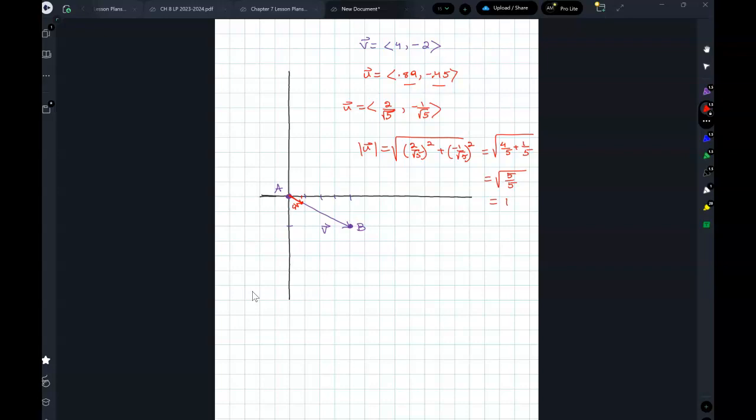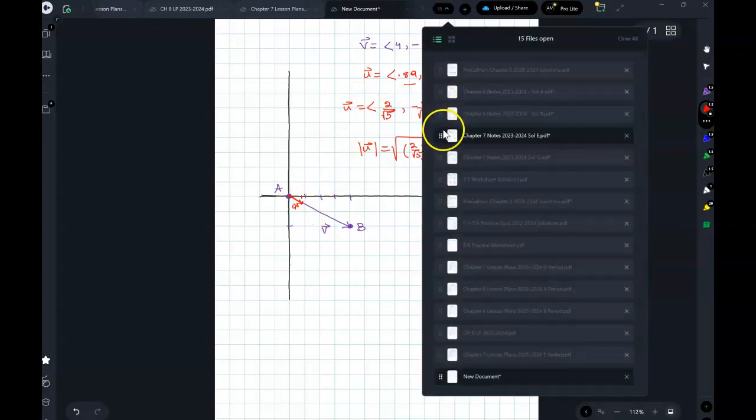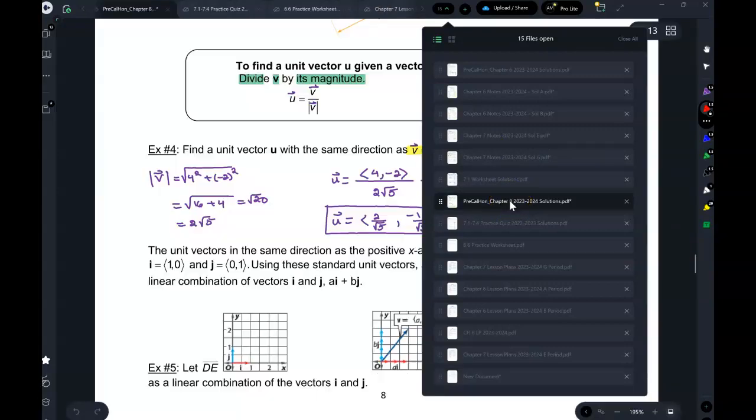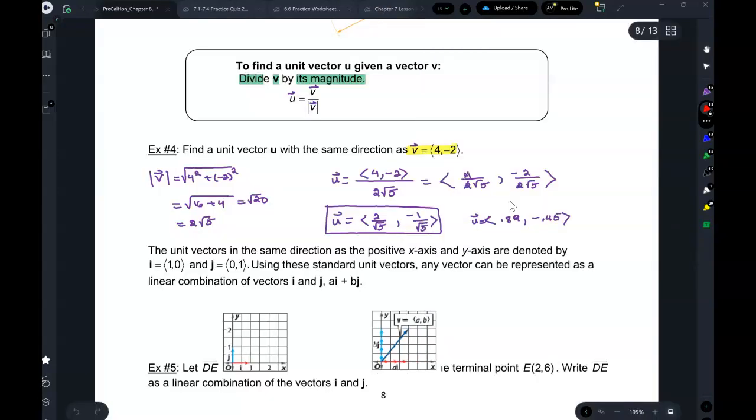And if this is not the most satisfying, coolest thing you will ever see in your lives, then I don't know what is. All right? So that's what a unit vector is. Trust in the math, even though some numbers seem abstract. So that's how you find a unit vector.